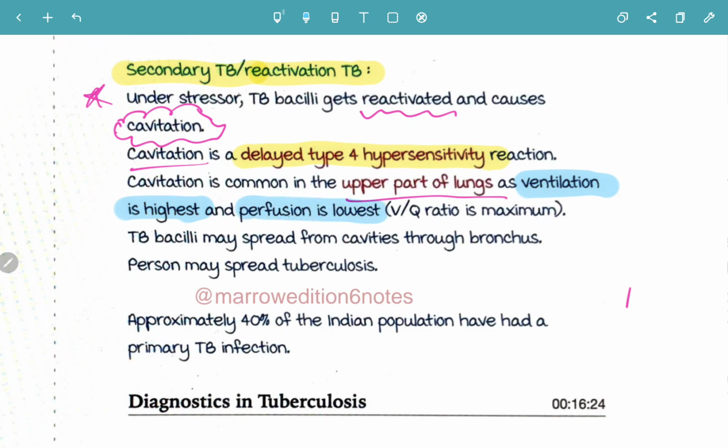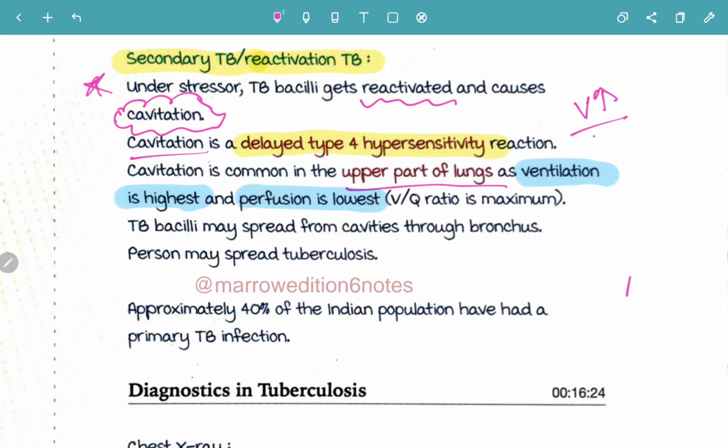Ventilation is high in the upper lobe, and the perfusion is going to be lowest. Therefore, the ventilation perfusion ratio is going to be maximum. That is why the cavitation is very common in the upper part of the lung.